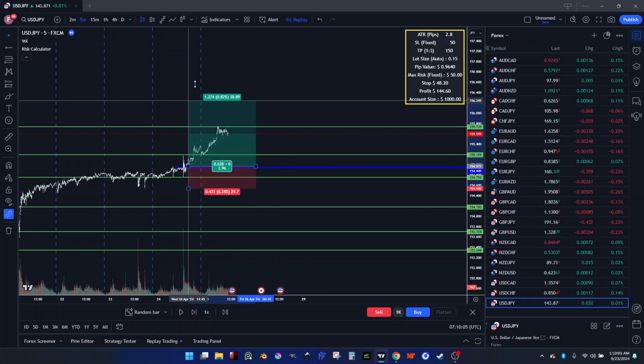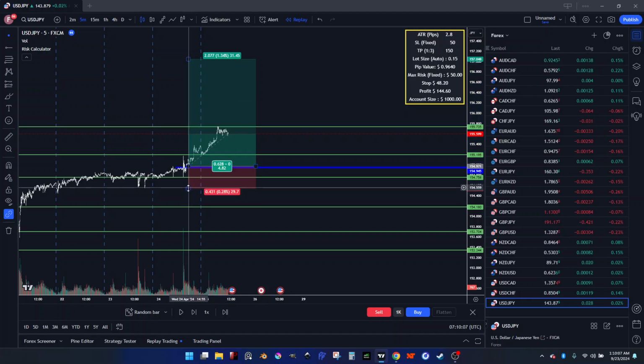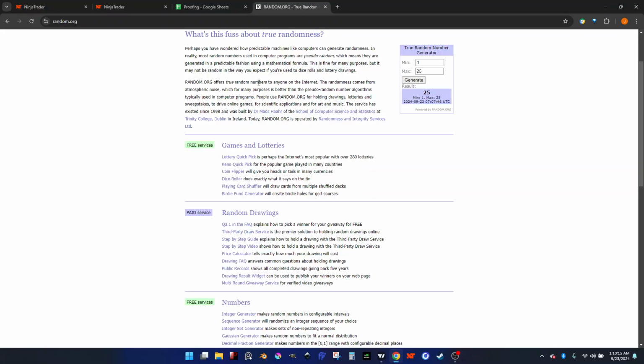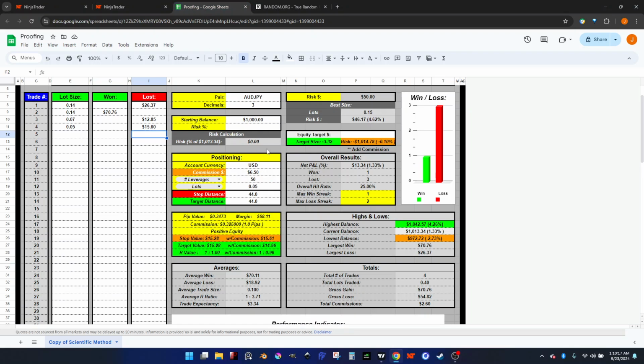The JPY does like to move up quite a bit, but you got to watch it because it whipsaws a lot. So we have a 3 decimal pair. Let's figure out our risk. Something we should have done real quick. USD JPY.